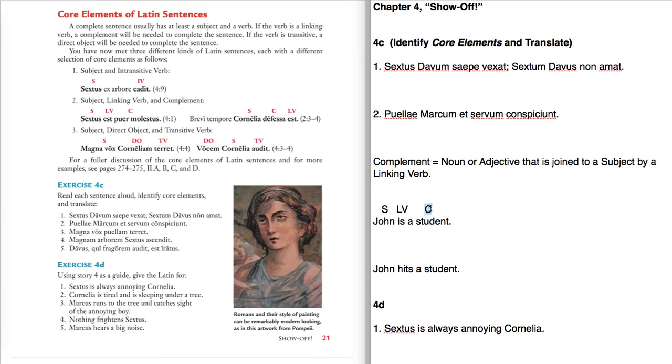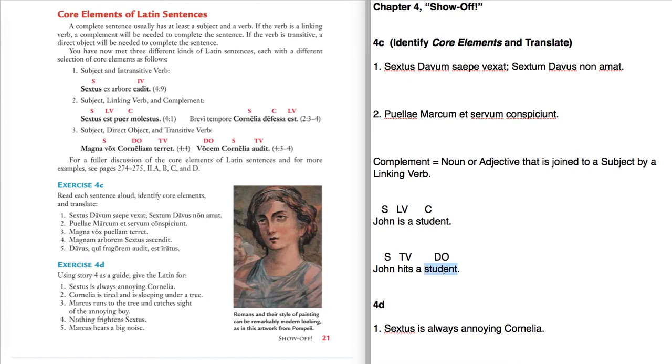The complement tells us more about this subject. John is a student. But here we have a clear example of a subject, a transitive verb with hits, and a direct object.